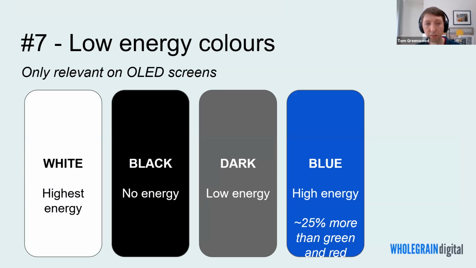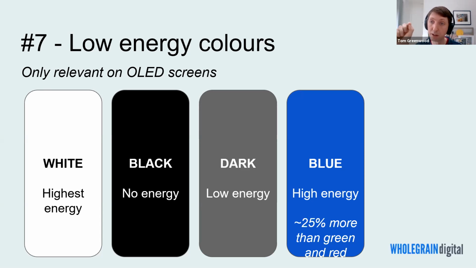Next, low energy colors. This is more and more relevant as more and more devices move to OLED screens. For typical LCD screens that we had in the past, it didn't really make any difference. But OLED screens, which you get on nearly all smartphones now, and a lot of TVs and laptops, light up every individual pixel.